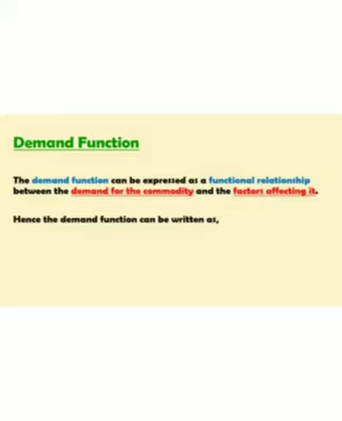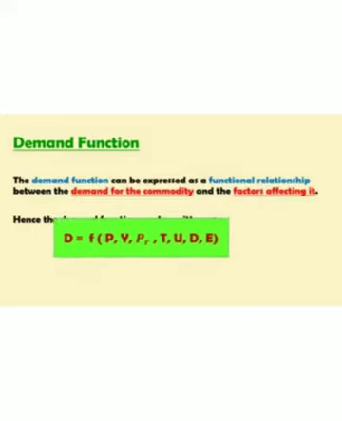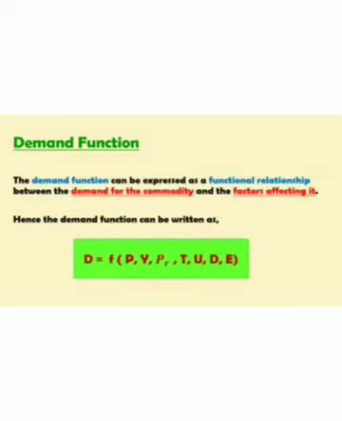Hence, the demand function can be written as D is equal to function of P, Y, PR, T, U, D and E. Among all these factors, we are going to learn in detail about the most important determinants of demand.